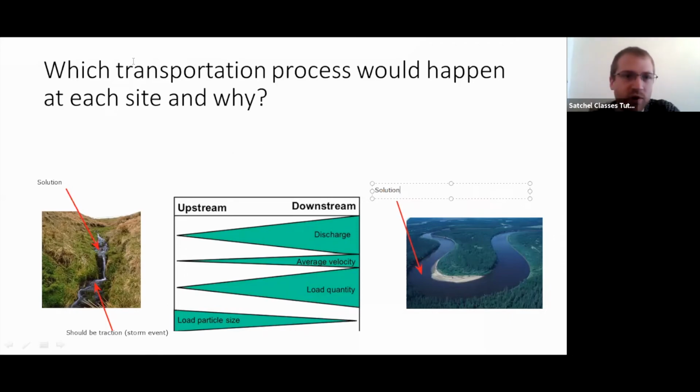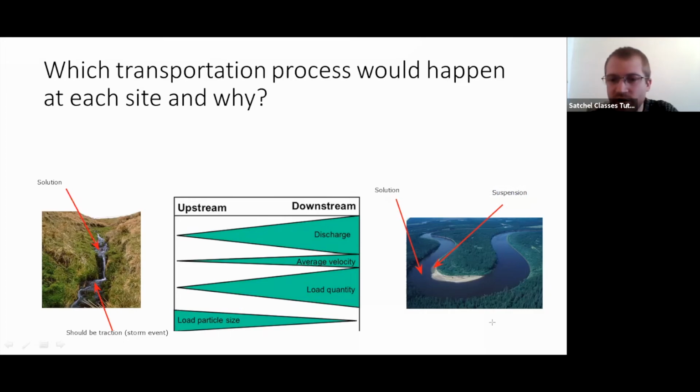Now, if we're being really picky, we might be able to see just there, where it's not quite the sandy part, we could assume that there could be suspension taking place. Just in this part where it might be a little bit more sheltered, water is becoming suspended as it slows down. Okay, so fine particles could be carried from this little sandbank, if we're going to be really particular.